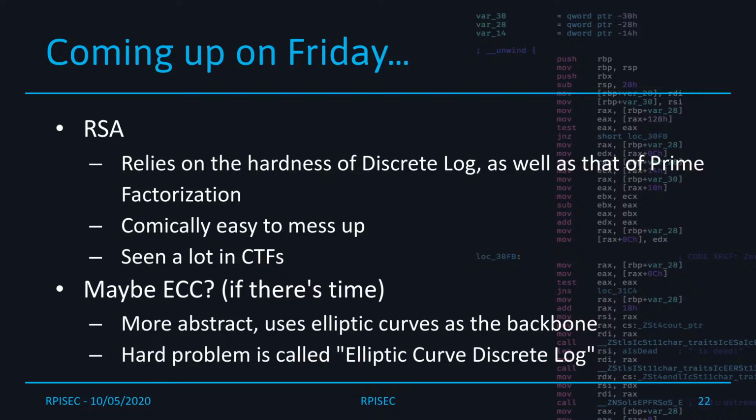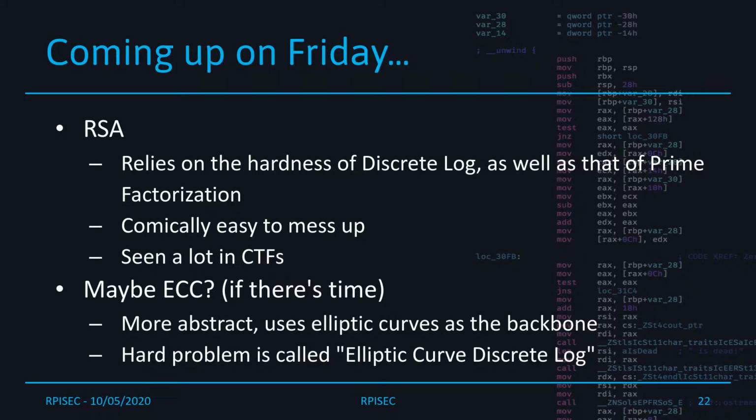So as a result of this, you see this a lot in CTFs. There's usually a few challenges where someone has implemented RSA badly, and that implementation is vulnerable to some sort of attack. So it's pretty essential to know if you're doing crypto in CTFs.